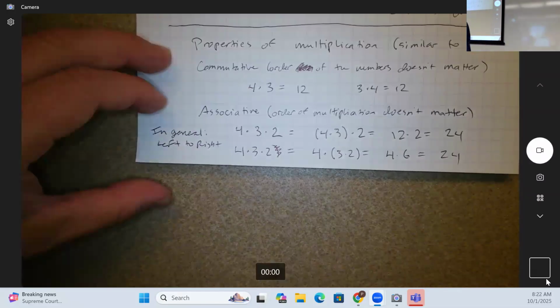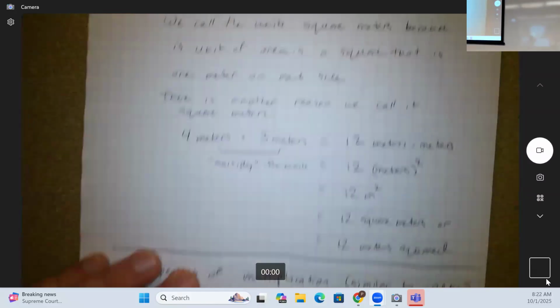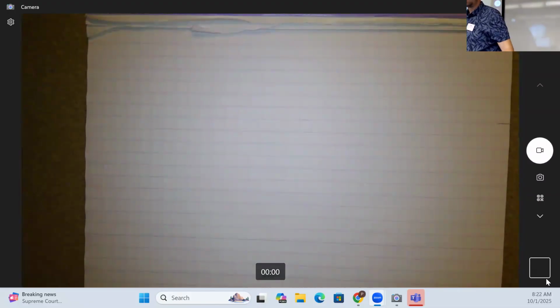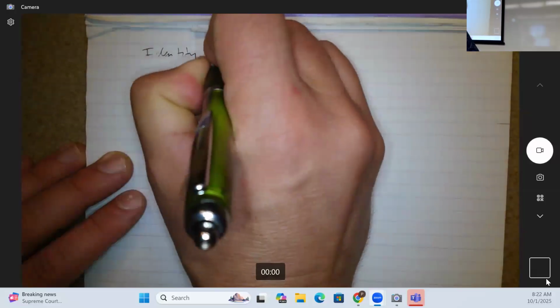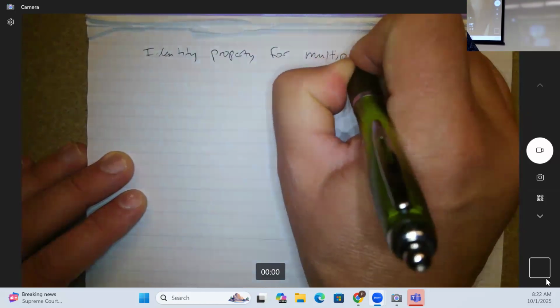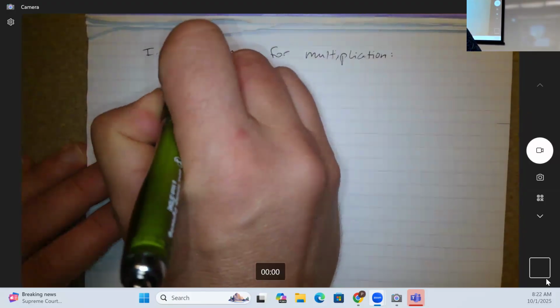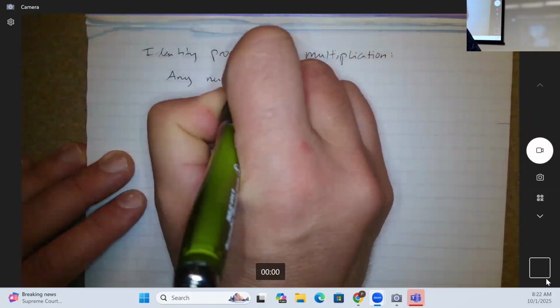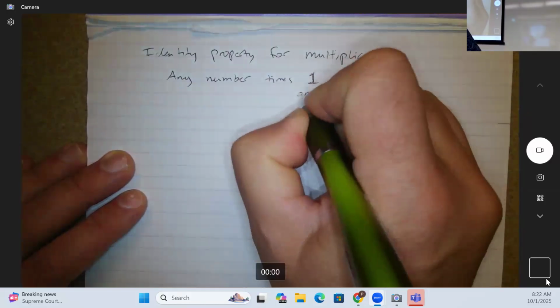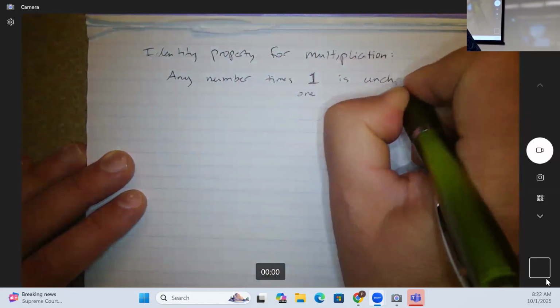Okay. And then we have one more property, but I can't fit it on here. In addition, we had what we called our identity property, where adding 0 to any number doesn't change it. We have the identity property for multiplication, which is any number times the number 1 is unchanged.